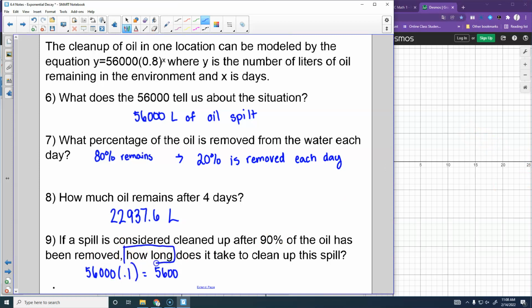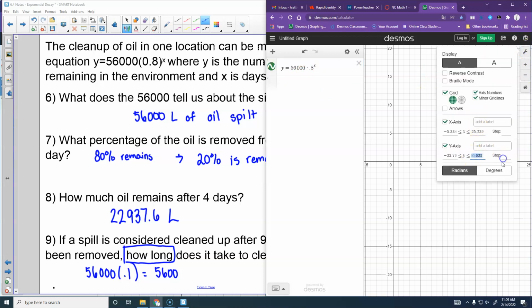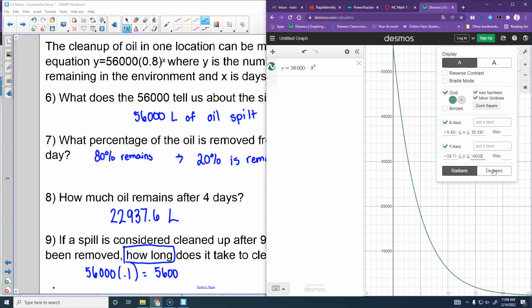So, again, this is a when problem. How long does it take? We can't solve that by hand, right? We have to use Desmos for that. So we would type in our equation. Y equals, and I'm going to change that 4 right there to our X. Too zoomed in. Let's change this to 56,000.